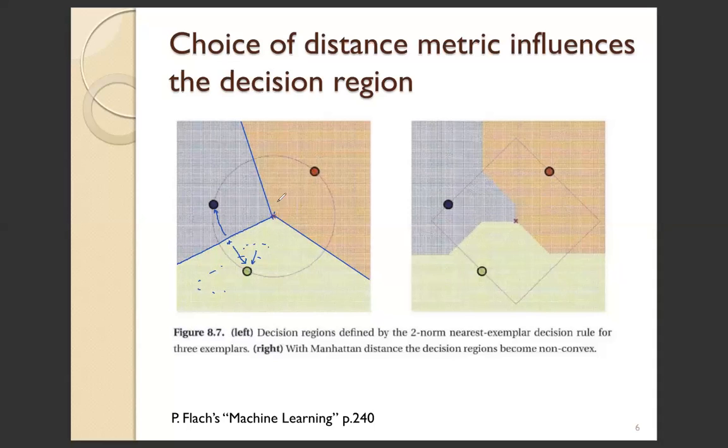Suppose you use these three data points and k equals 1. If you put a sample here, the nearest neighbor will be here. So you see that this region is all red, because anything around here will have the Euclidean distance closest to this point. This is a k equals 1 example.